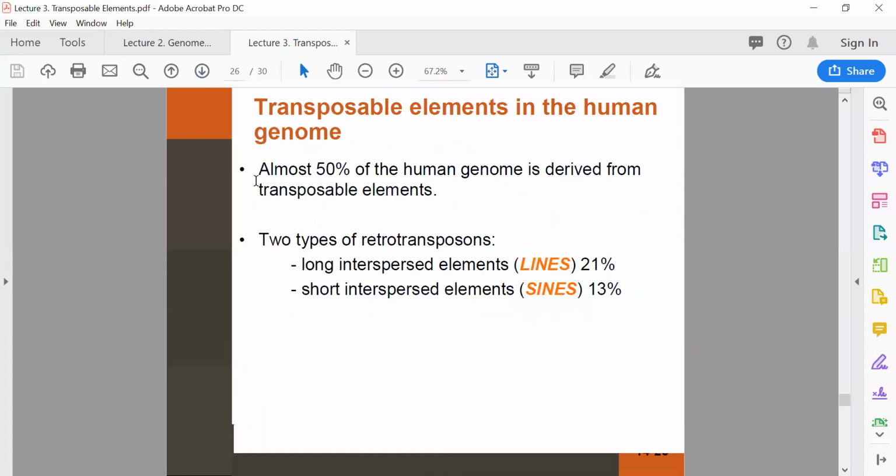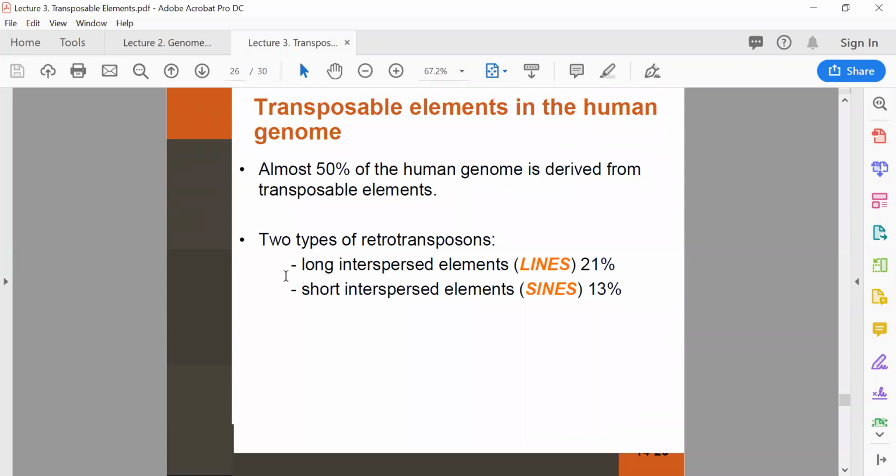It's thought that almost 50% of the human genome is derived from transposable elements. In other words, we seem to have a lot of remnants of transposable elements or retrotransposable elements existing in our genome.